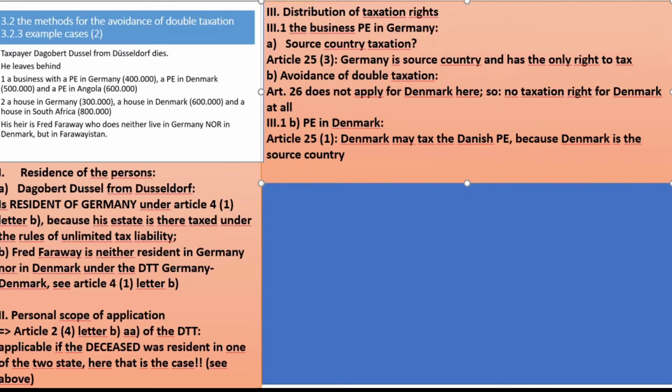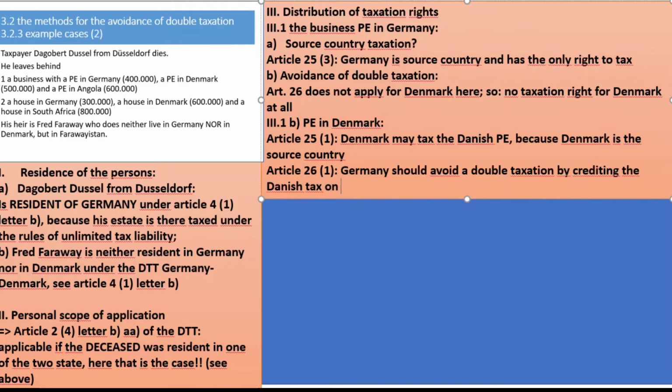And then Article 26.1 should say that Germany should avoid double taxation by crediting the Danish tax on the PE to the German tax on the PE. So we would have to check if that's true.